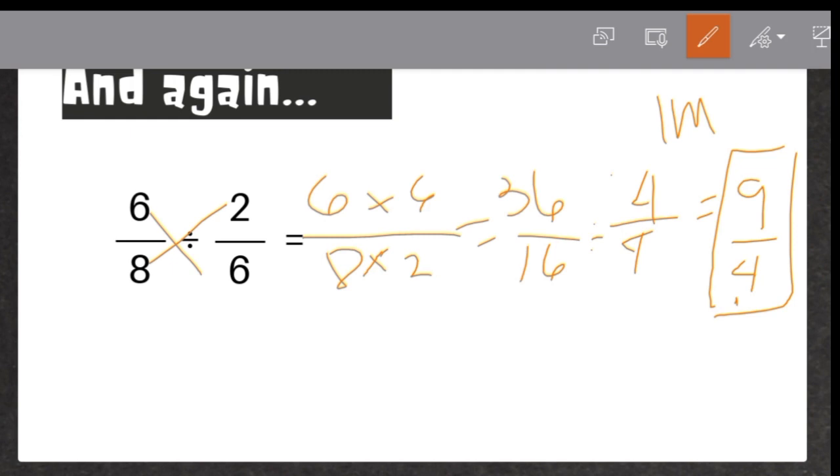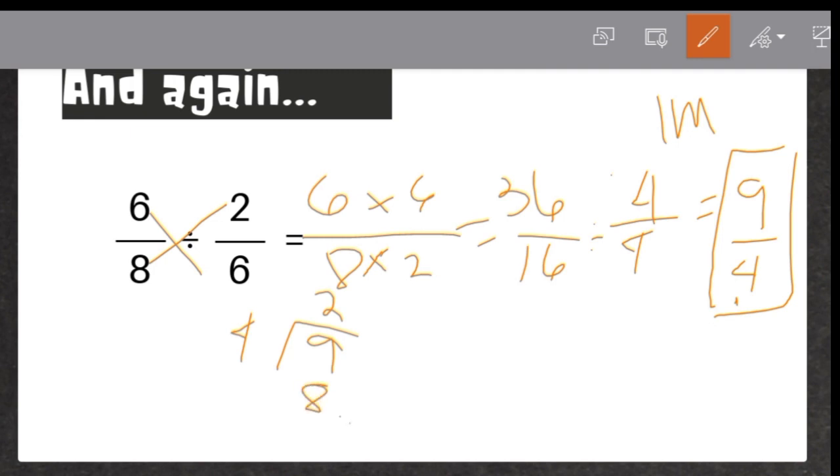it's an improper fraction. So you just need to convert an improper fraction to a mixed fraction for it to be in the lowest term. So as I've discussed before, you just need to divide. 9 divided by 4 is equal to 2, but there is a remainder, right?